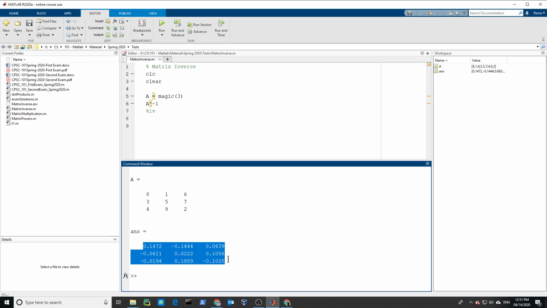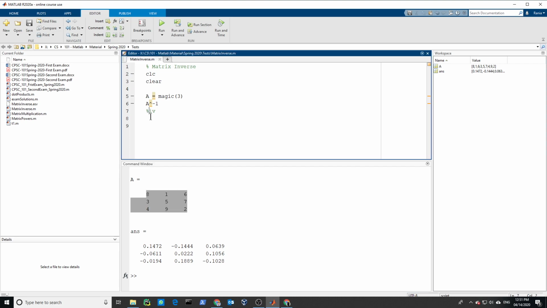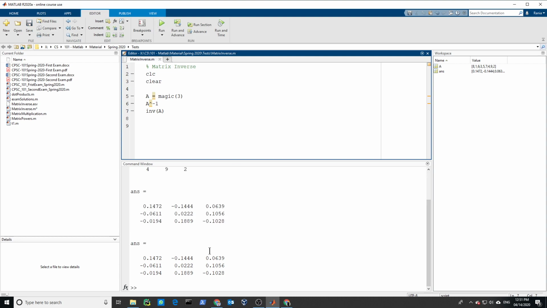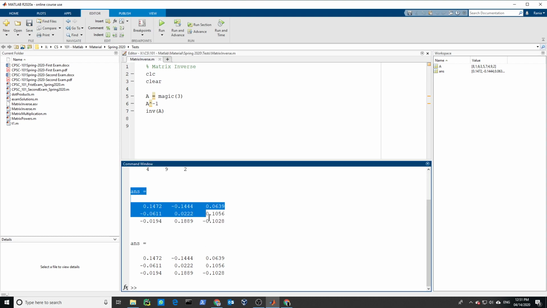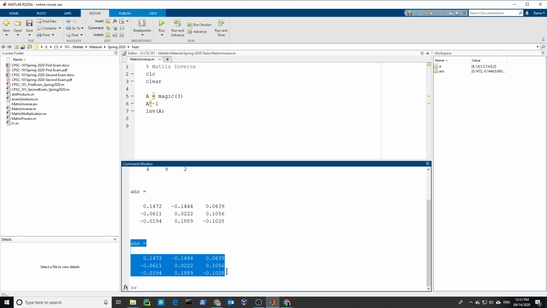So this is the inverse of this matrix. The other way, there is a function called inv, of matrix A. It will give you the same result. So as you see in here, this is the first way of calculating the inverse, and it will give you the same result when you use the inv function.